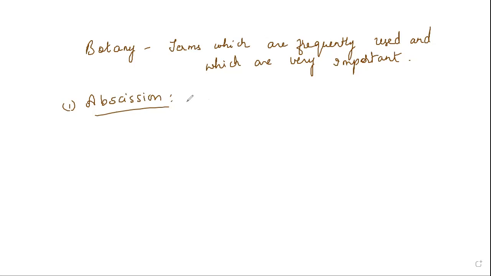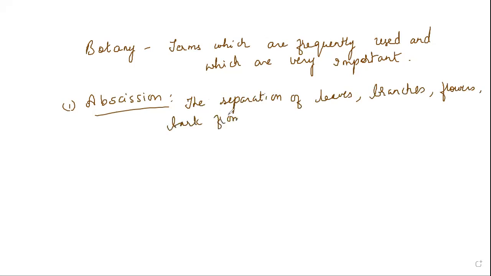Let me write for you and define: the separation of leaves, branches, flowers, bark from plants by the formation of an abscission layer. This is abscission.